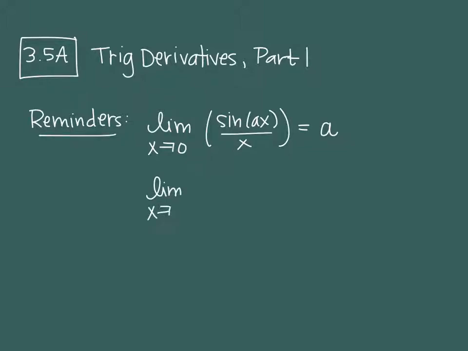We also just explored what cosine of ax minus 1 over x would be. And we saw in that situation, a had nothing to do with it, and that it was truly just 0. So those two things you'll need as we start working a little bit more with trig derivatives.